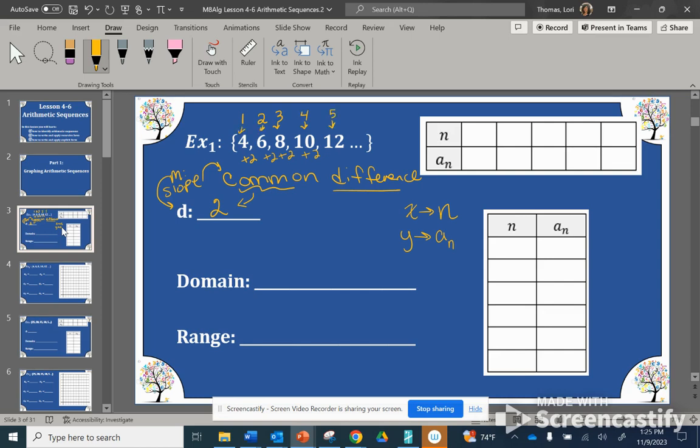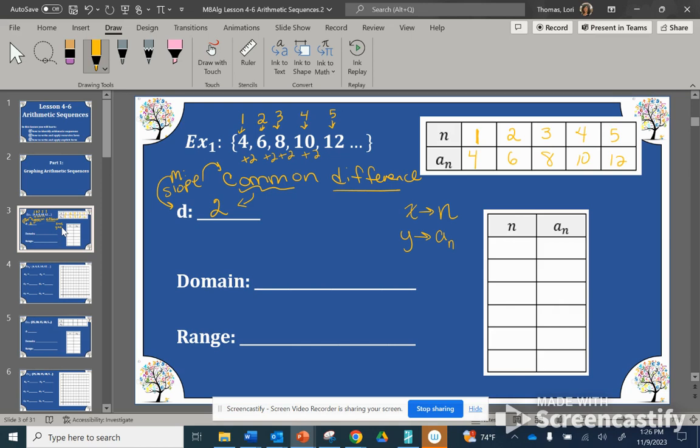So our positions, position 1, position 2, 3, 4, 5, and so on, those are the input values. So our first term is 4, our second term is 6, our third term is 8, the fourth term in this sequence is 10, and the fifth term is 12. And it does keep going on and on.